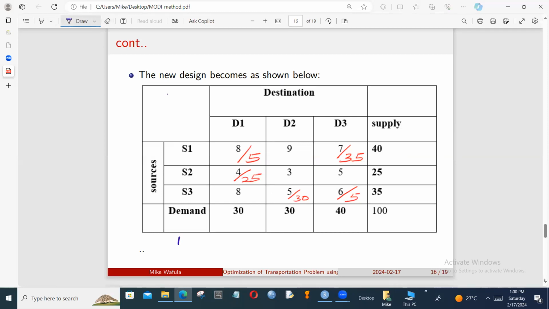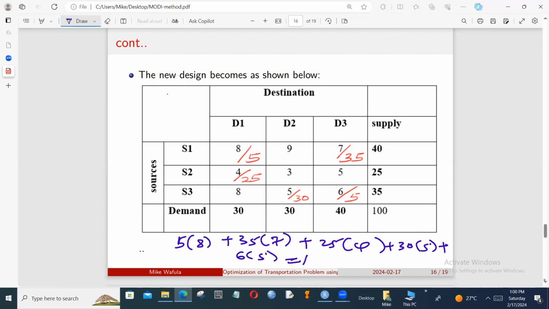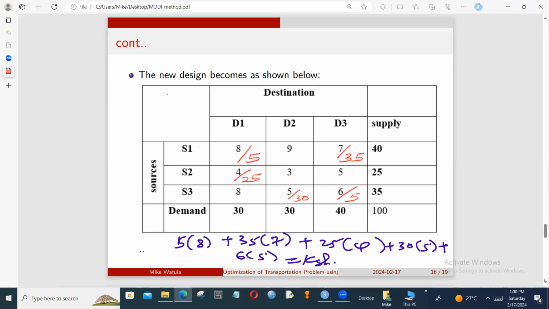If we are talking of 5 times 8 or 8 times 5, 35 times 7, 25 times 4, then 30 times 5, then 6 times 5. What are we getting here if these are shillings? What are you getting? 565.